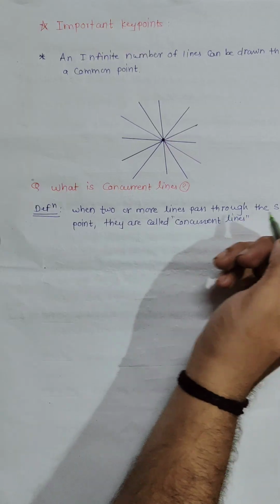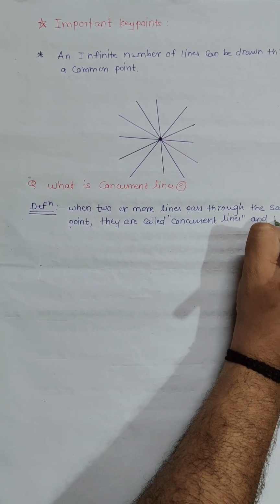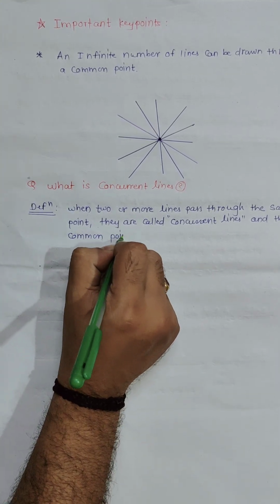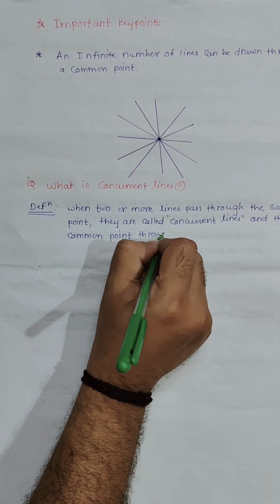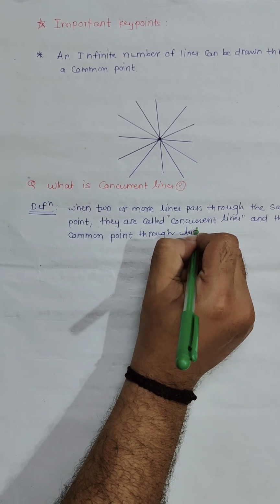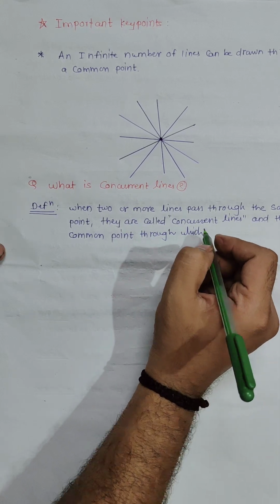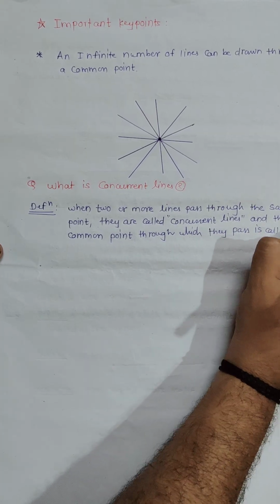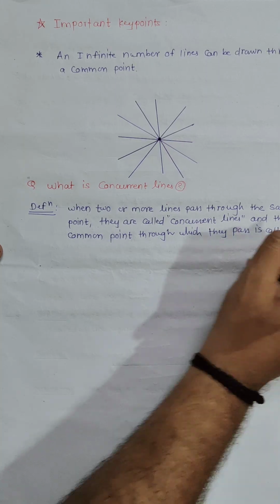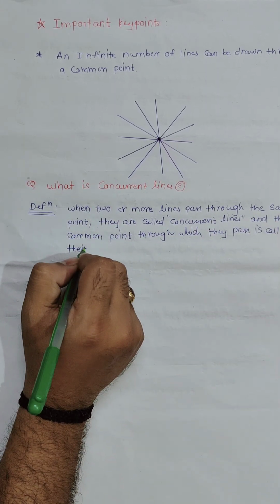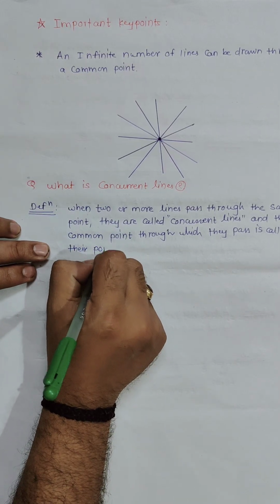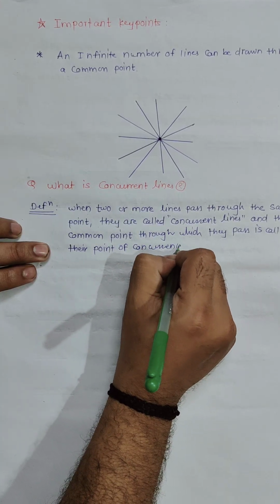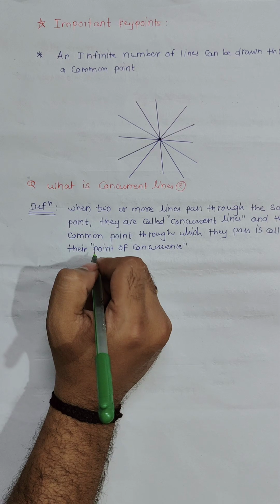And the common point through which they pass is called their point of concurrence. Clear?